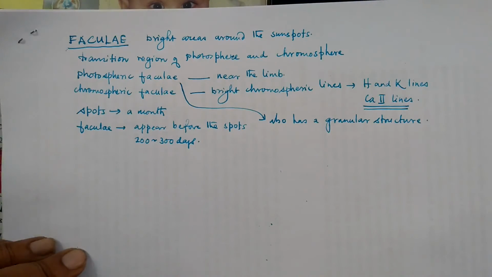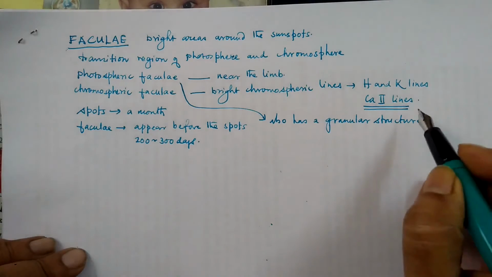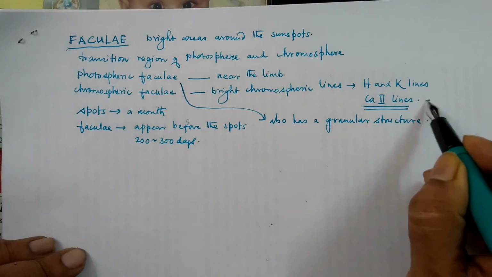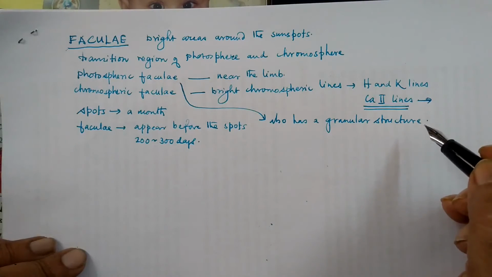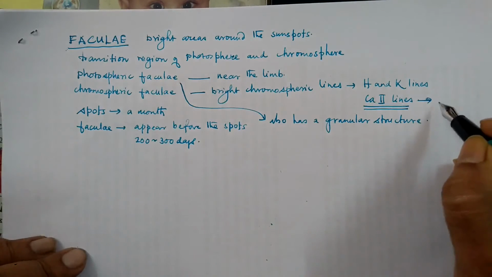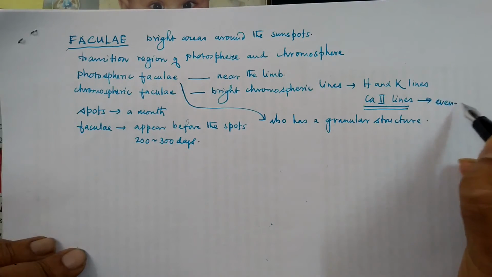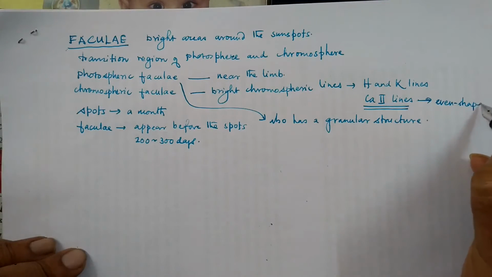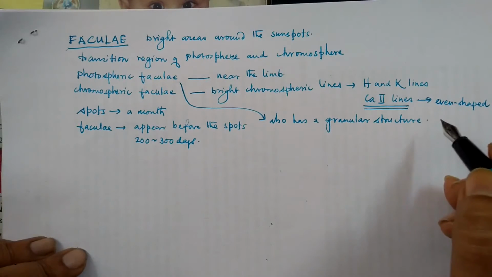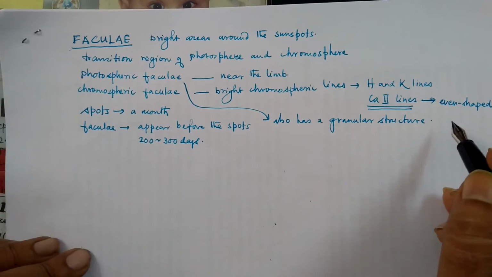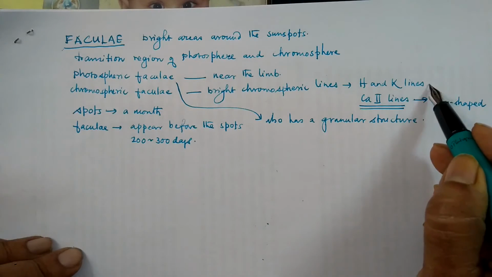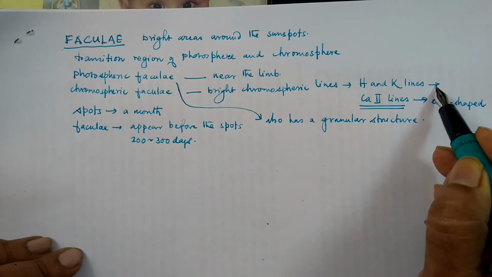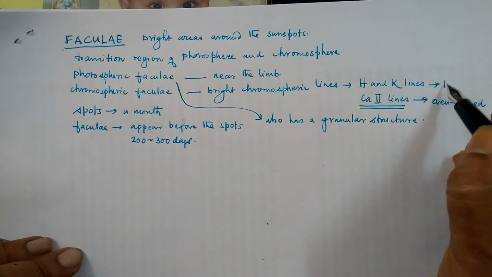The structure of the faculae that gives us these lines is more compact and evenly shaped. You can recognize a shape there. And the faculae that gives these lines are kind of patchy.